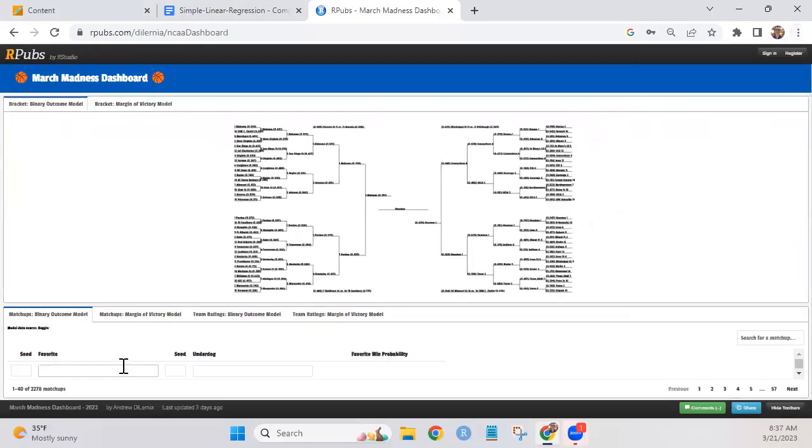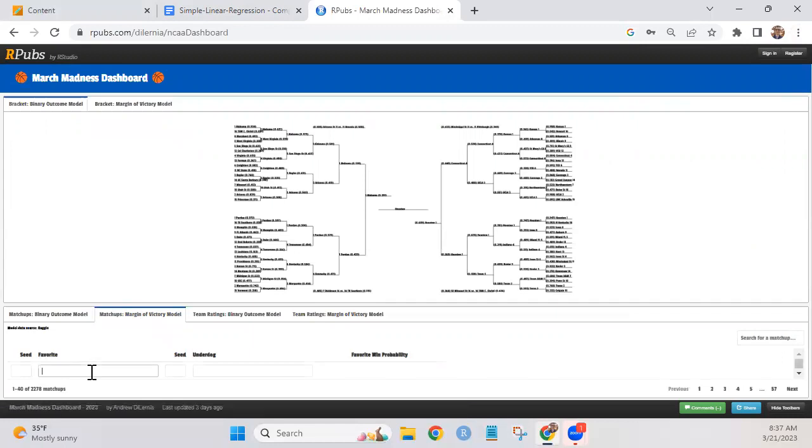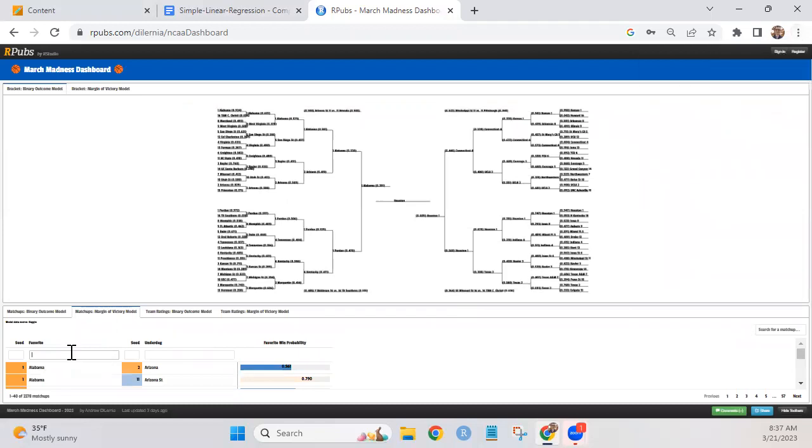Okay, so here's the margin of victory model, essentially a linear regression. So when Michigan State played, who did they just play? Marquette, yeah. Okay. So we could use linear regression.